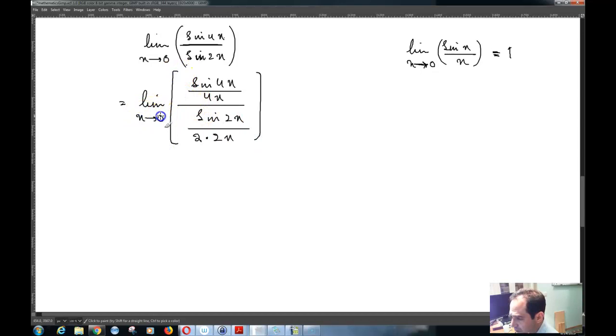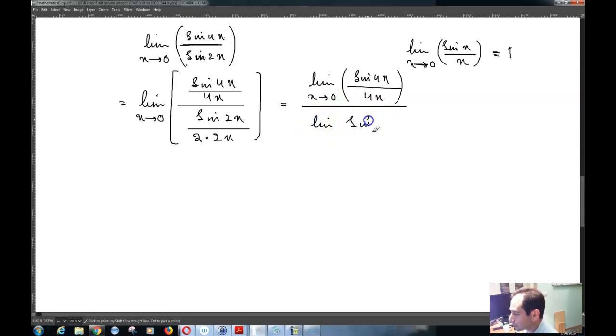And then as x tends to 0 here, I can write this as the limit of sine 4x over 4x as x tends to 0 over the limit of sine 2x over 2x, 2 times 2x when x tends to 0.